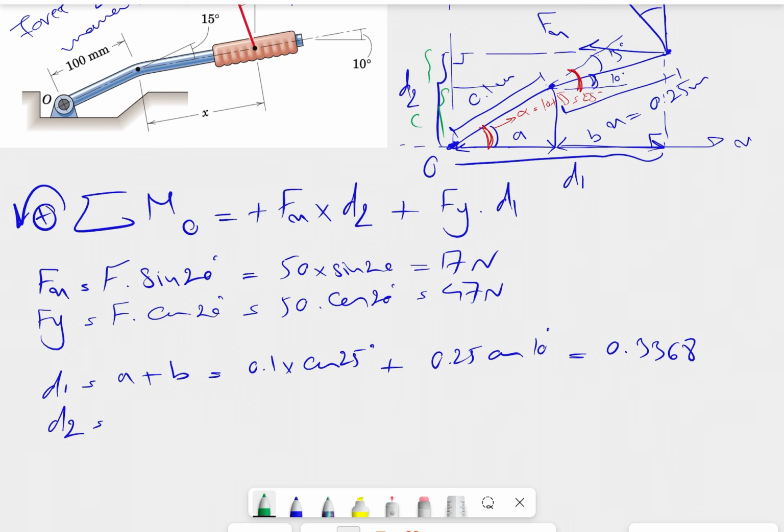Let's call this part C and this part D. So D2 will be C plus D. And for finding the C this time, we have to go with the sine of the 25 degrees plus, for the same scenario, 0.25 times sine of 10 degrees. And if we do that, we'll find D2 is 0.08567.